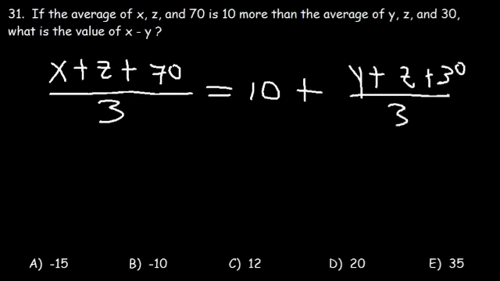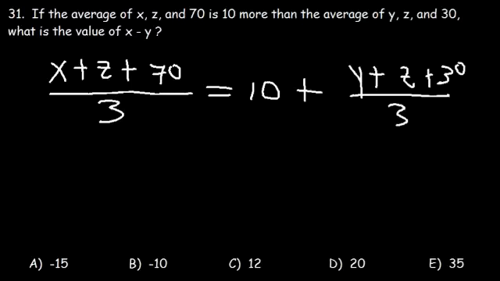So that's the equation that we have. There are three variables, x, z, and y, and our goal is to find x minus y. We can't isolate and solve each variable. However, we could possibly get x and y by themselves. If we have three variables, you can't solve for each unless you have three equations, and we only have one equation.